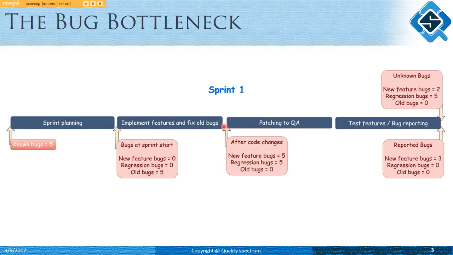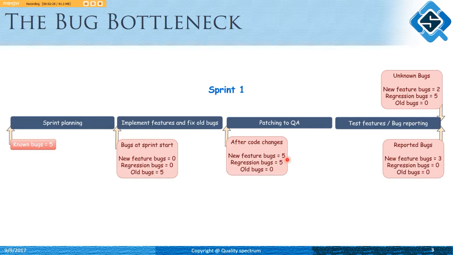Now when development is done with their implementation and code changes, having implemented new features, it's only natural that a few issues would have been introduced while the new features were implemented.